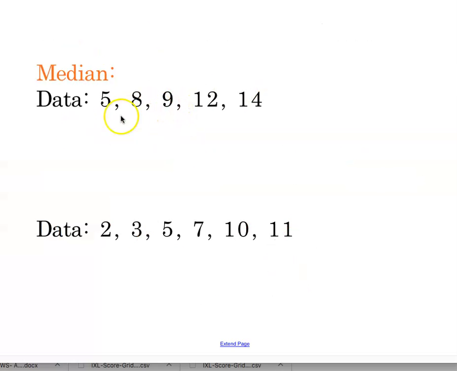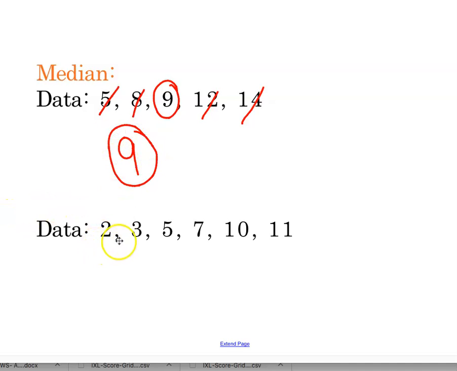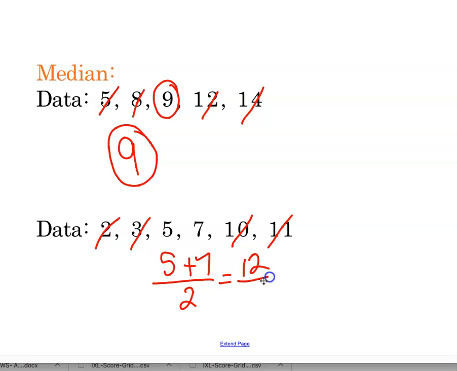So to find the median, your data has to be least to greatest, and then you just start by crossing off your numbers until you find the middle. So in this case, 9 was the median. It was least to greatest. In our second data set, you'll notice when you go to find the median, there are 2 numbers left in the middle. So you have to take the average. 5 plus 7 is 12. 12 divided by 2.